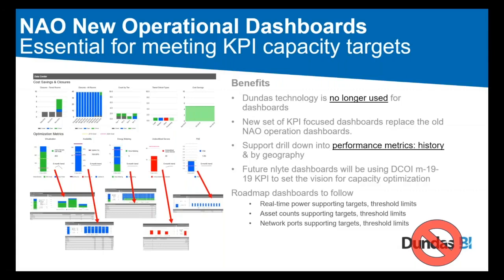Everything now is KPI focused, and it's all about pushing change. We're giving you new dashboards inside the core product, where you can set your thresholds, set your limits, and control behavior inside your business. We're taking our inspiration, as I told you before, from the US Federal Data Center Optimization Initiative.